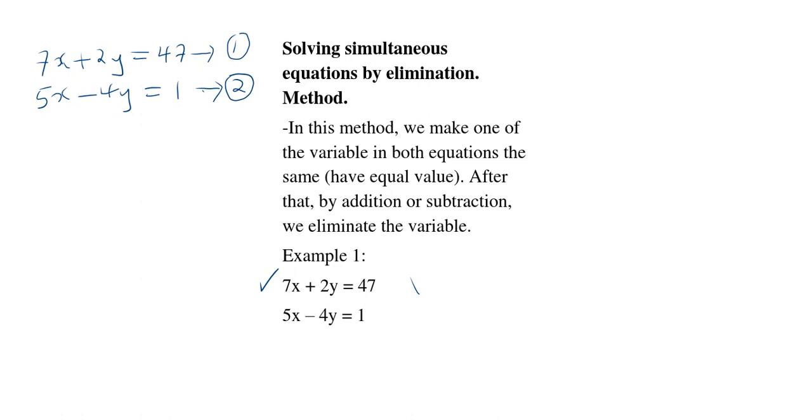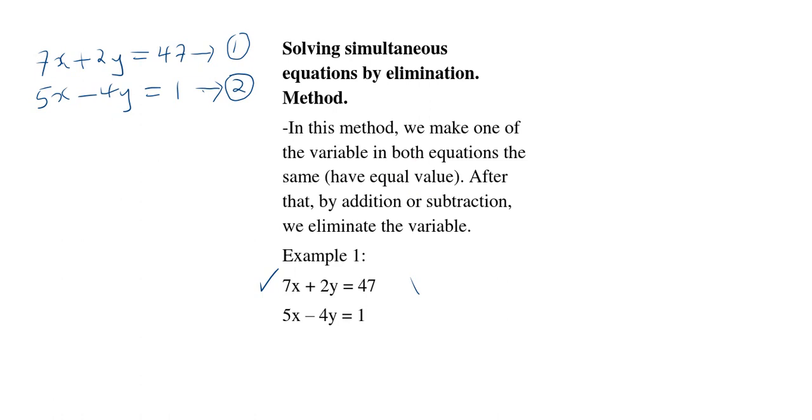Now, after that, in elimination, we have said we make one of the variables in both equations have the same value. So the variable that you want to make have the same value is the variable that you want to eliminate. So in this one, let's say we eliminate y.